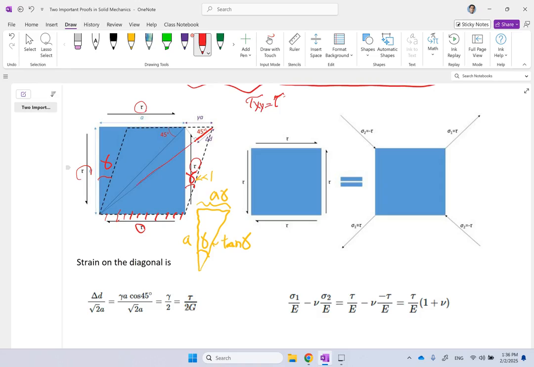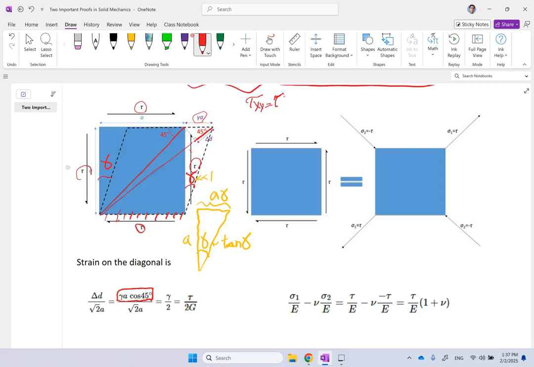So these two red ones are the same. So this increase in length is going to be that gamma A, correct, times cosine of 45, and this angle is 45. It's the angle of the diagonal. So gamma A cosine 45 is the change in the diagonal length.